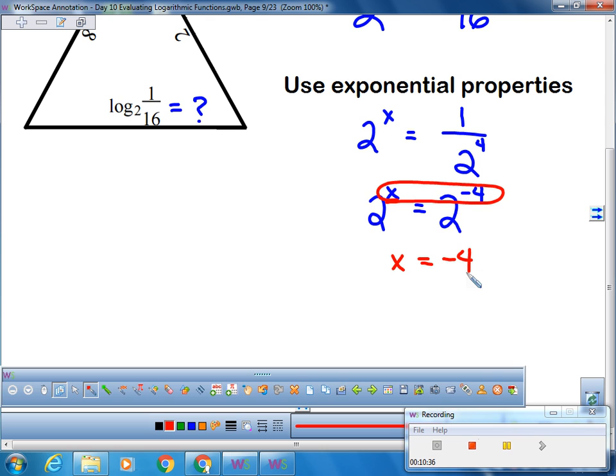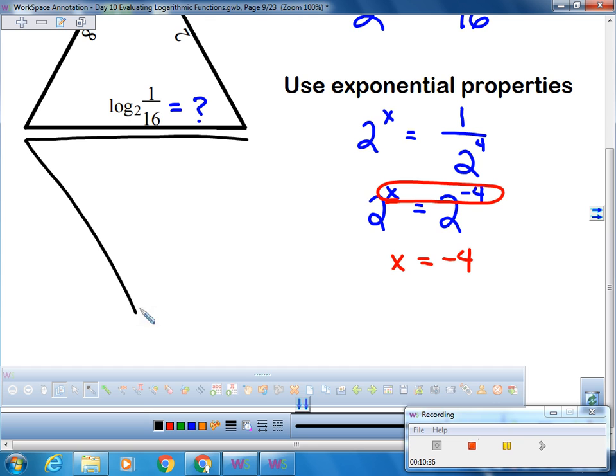I'd go find x equals -4, and I would match it back up right here with my piece. And then I'd find another piece, and I'd put it together.